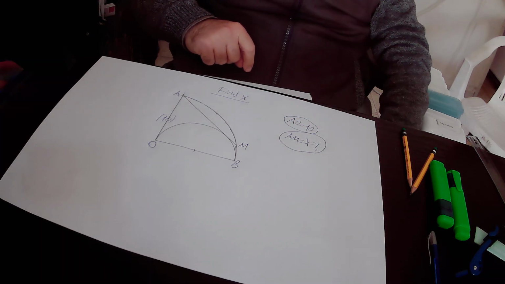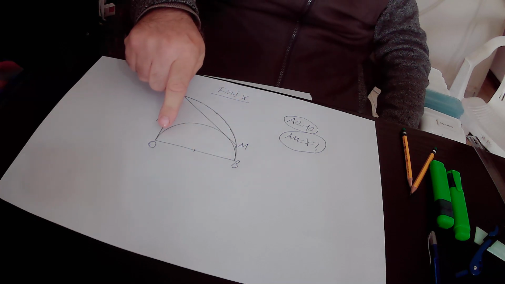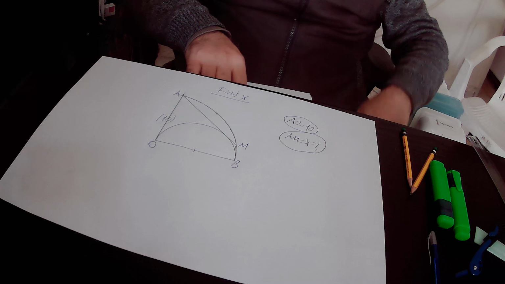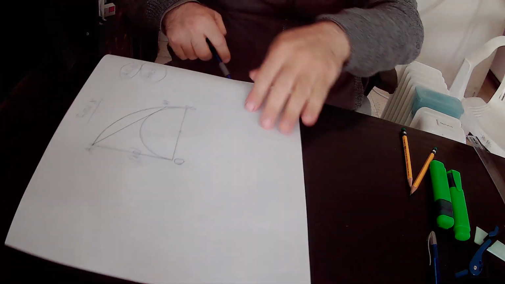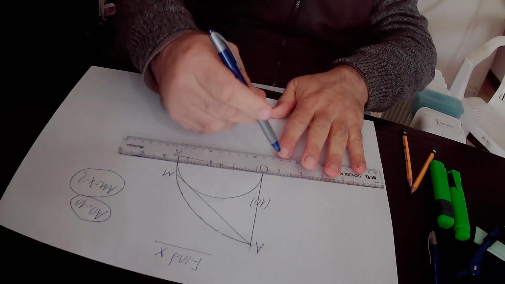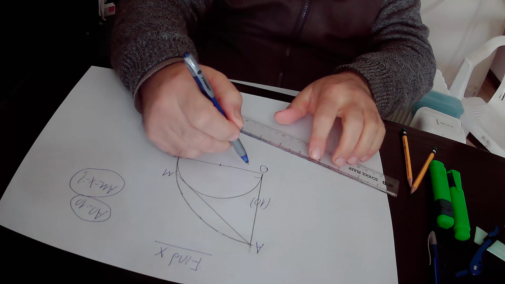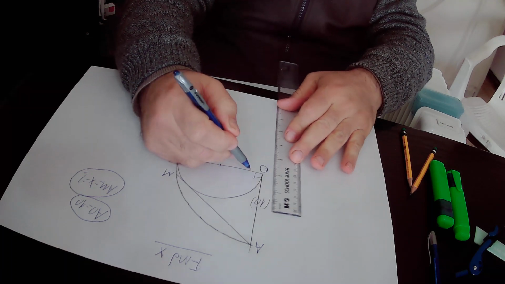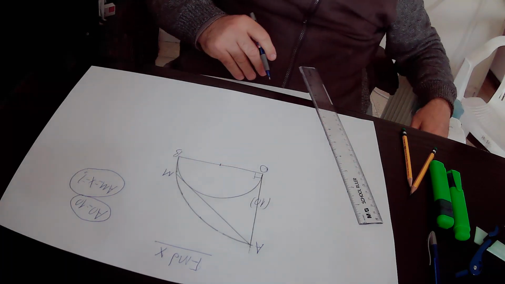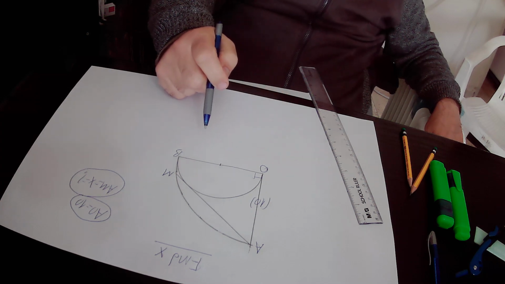So, first of all, AOB is a quarter circle, therefore this angle equals 90 degrees. This is a right angle. And also, AO and OB are equal to each other.